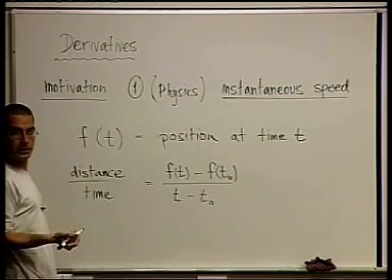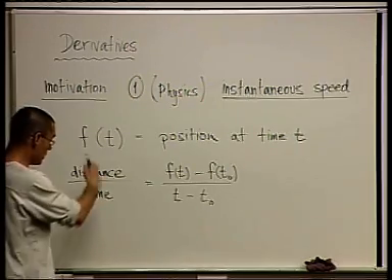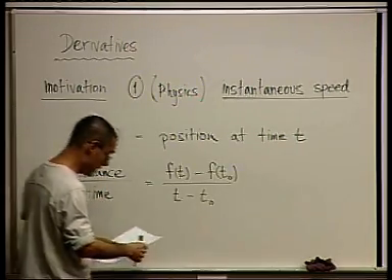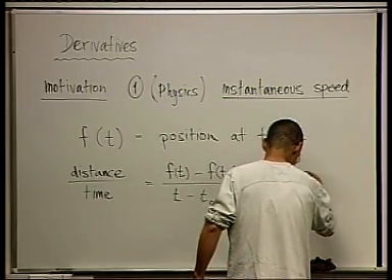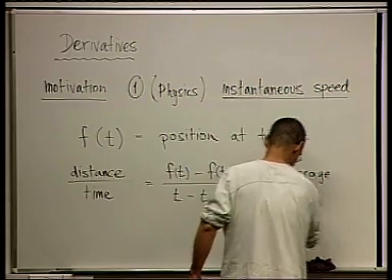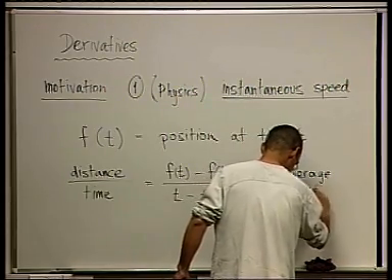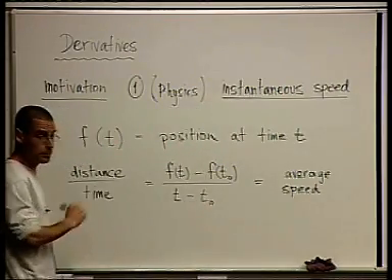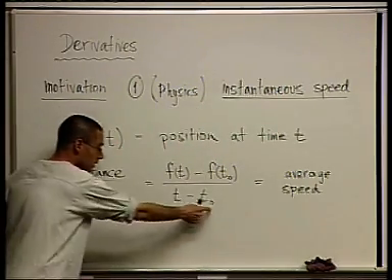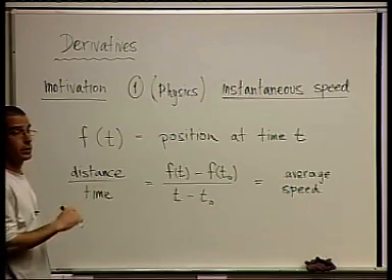Do you agree? Okay. So the distance divided by time, this is the average speed. The average speed over this time period between t and t0, or t0 and t.